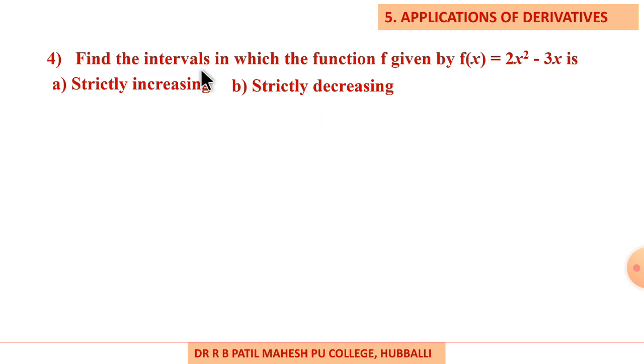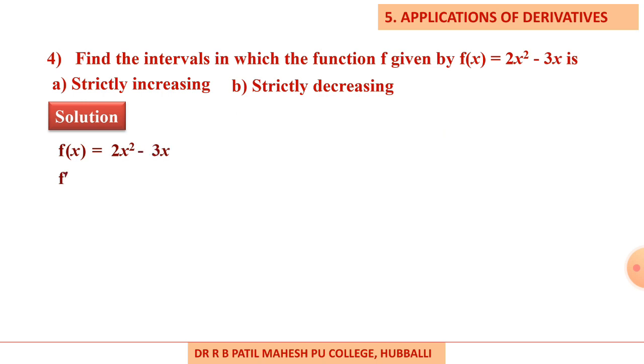Now you have to find out the intervals in which the given function is strictly increasing and strictly decreasing. So first you start with the given term, that is f of x equal to 2x square minus 3x.